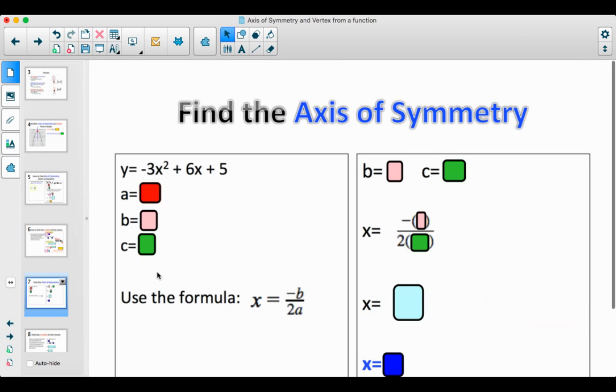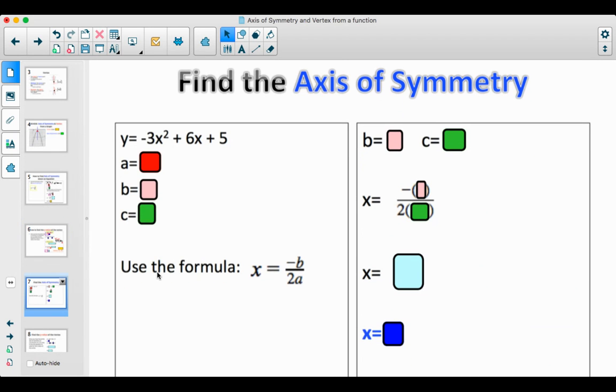Let's look at another example. Let's find the axis of symmetry. We now have a new function here. Again, think of your function like a rule. You have to follow it. Let's see, our parts. What is our A, what is our B, and what is our C?